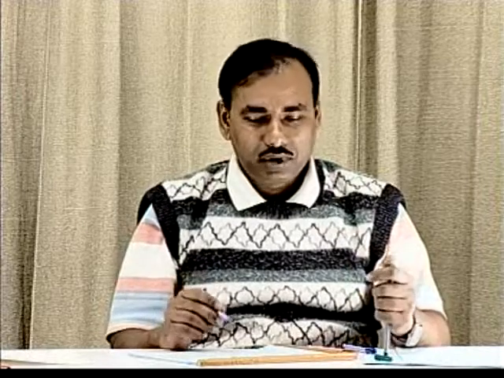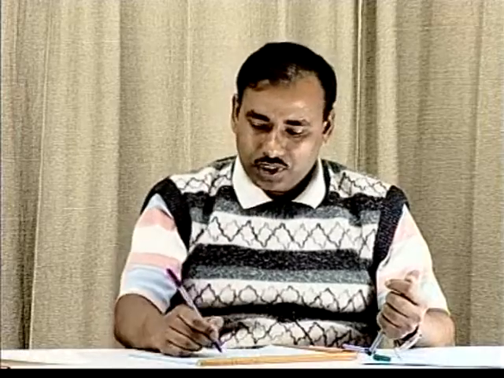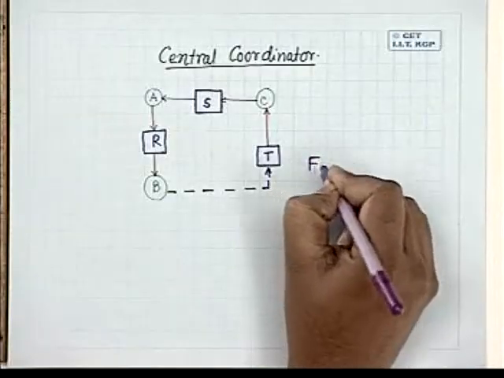Since it finds a cycle, it will assume that there has been a deadlock and one of the processes will be killed unnecessarily. And this is a situation which is called false deadlock.